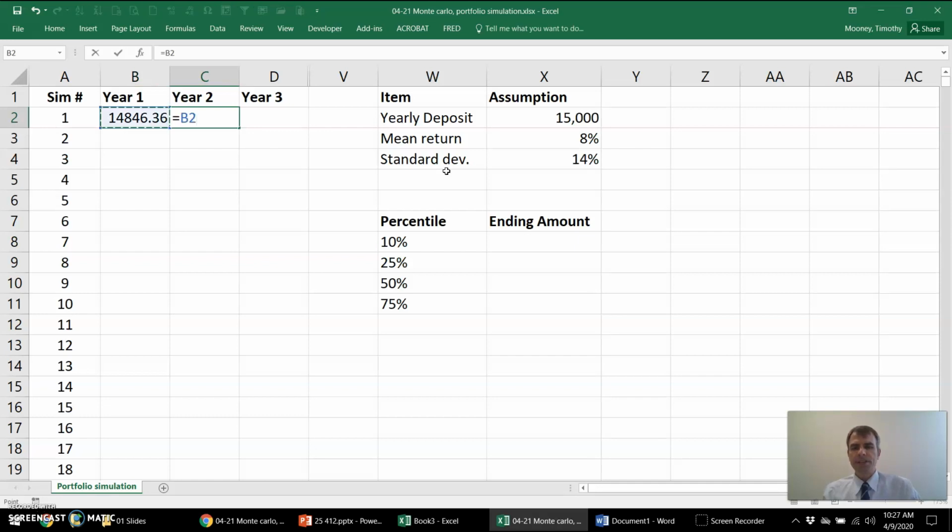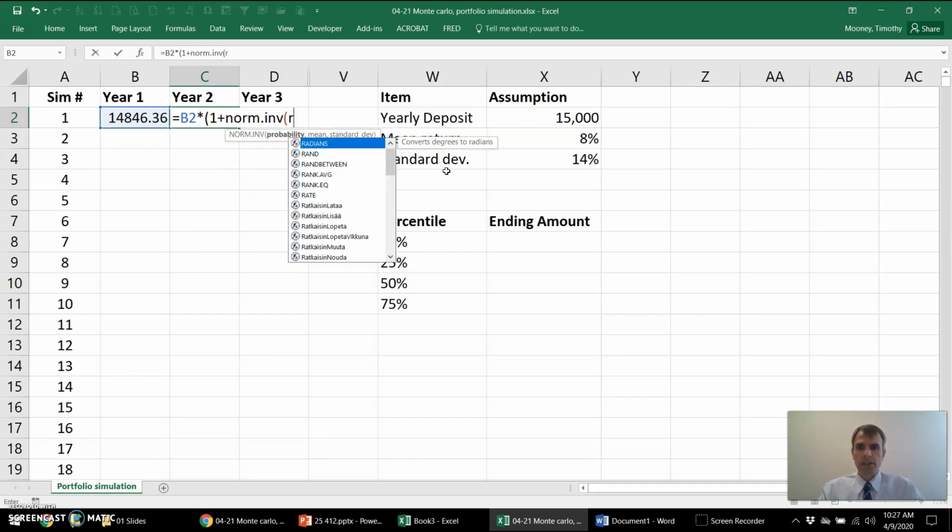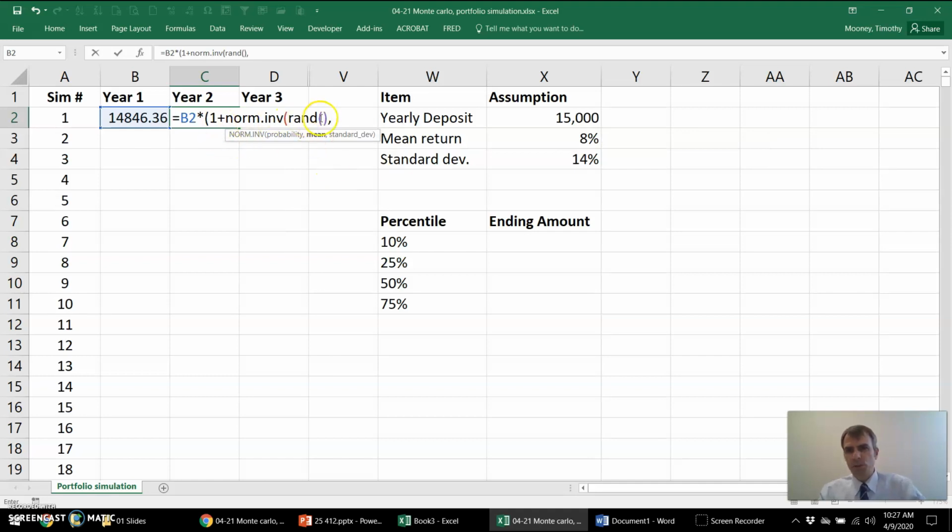Well, it'll be this previous year's balance times 1 plus a simulated return again. NORM.INV, 1 plus the normally distributed simulated return. Hopefully we're getting comfortable with simulating normally distributed data. So here's how the previous balance would grow based on the simulated return.